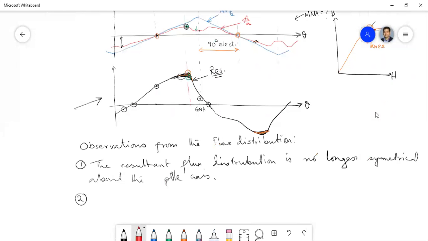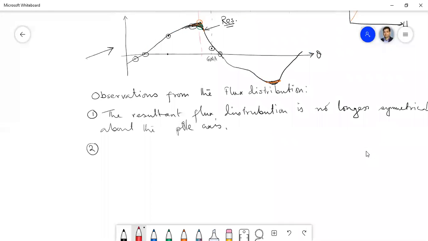So that also we can write down here as an observation.